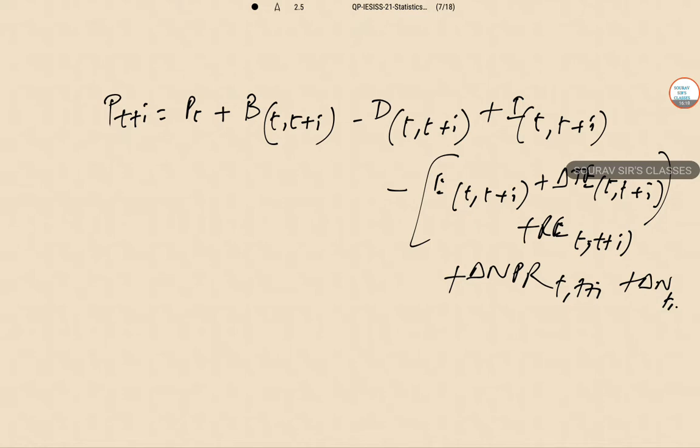Each province and territory wise we can see. So this is the interval between the two times t and t plus I.